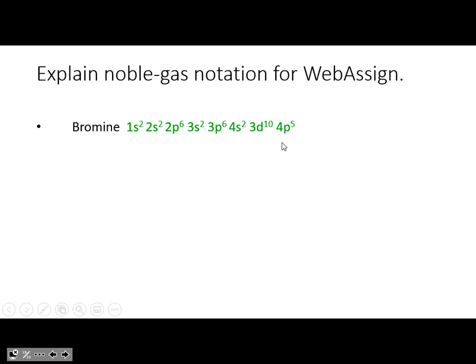So bromine is element number 35 on my periodic table. What is the noble gas before 35? Argon, number 18, right? So when I'm doing the noble gas notation, I can put argon in brackets.